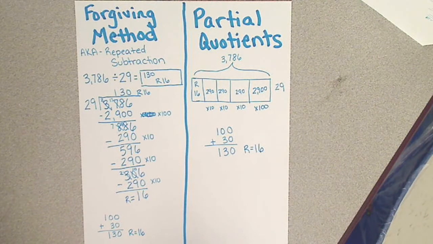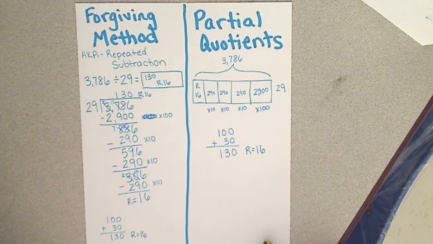But if you want to work with forgiving method for whole numbers until you're comfortable with the other two methods that we're going to talk about, that's fine. But otherwise, decimals are going to become a bit of a struggle with forgiving method and that repeated subtraction. So let's look at the other two.